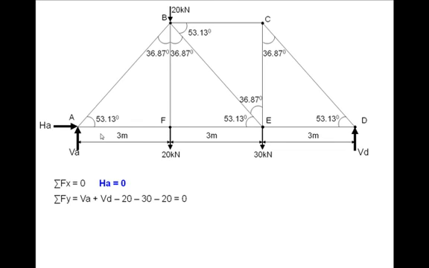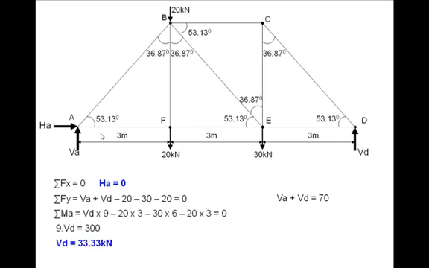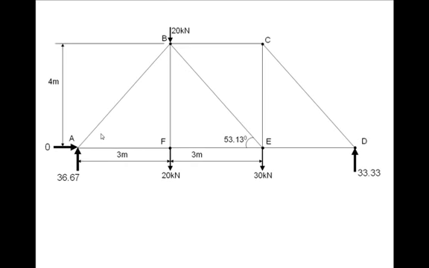And if you do that, as we have done in previous videos, you will be able to work out the reactions like this. We have done it fast, because here our main interest is to explain the method of sections in particular. Okay, so we are ready to actually start with the method of sections.